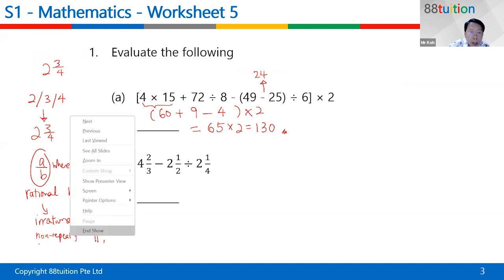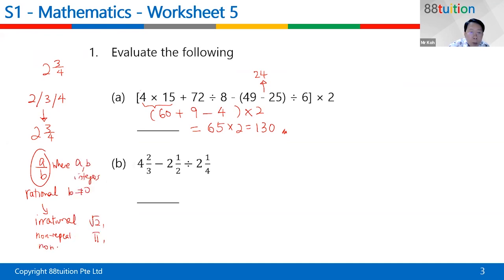So sometimes we call it terminating. Okay. So bear in mind these are irrational numbers. Then when you can express as A over B, that will be rational numbers.